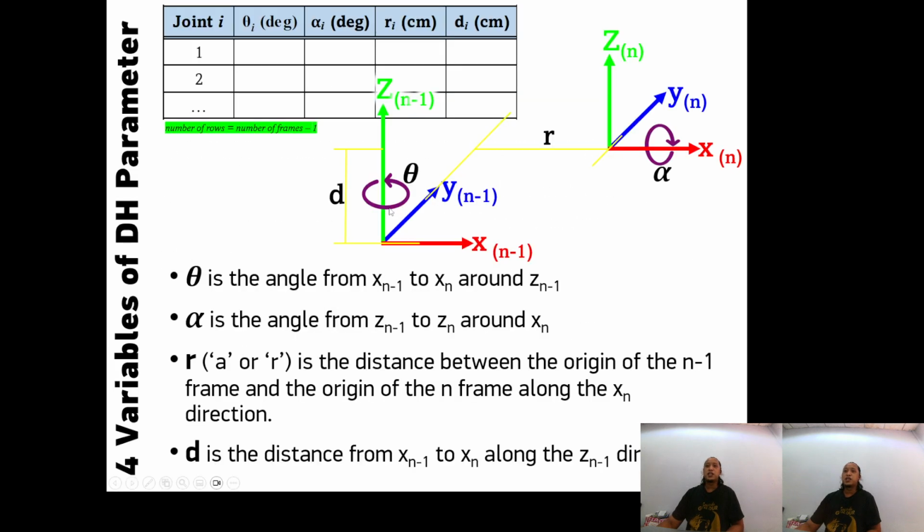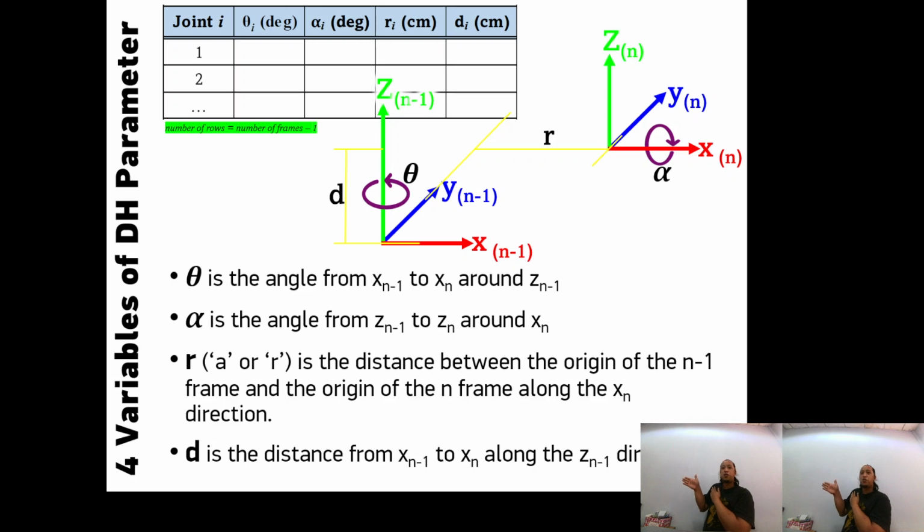So in this case, this is the z-axis. After that, we follow the simple right-hand rule. The z-axis is my thumb, and after that I define the x-axis. The x-axis is going to be my four other fingers in that direction.